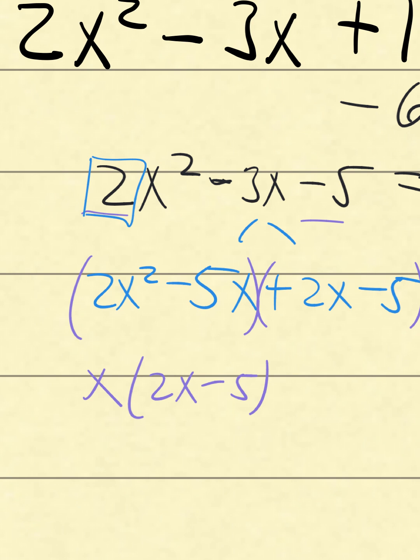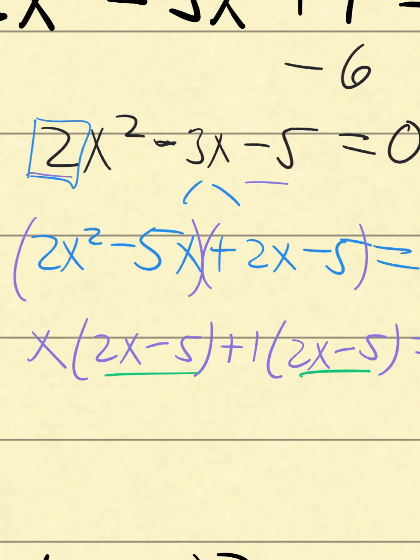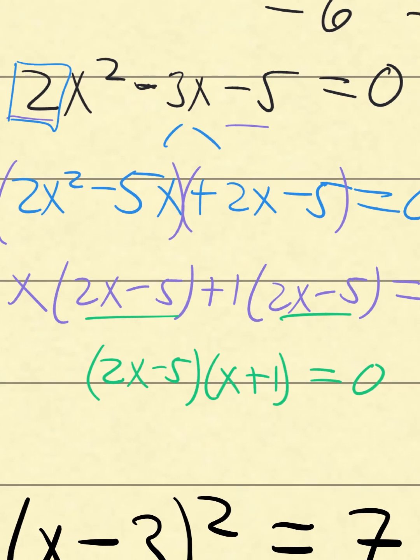And then in our second group, you can take out a 1. If there's nothing that you can take out, just take out a 1. Now the insides of your parentheses match. So we should get 2x minus 5 times x plus 1 equals 0.